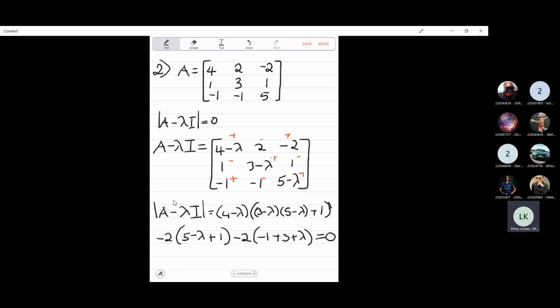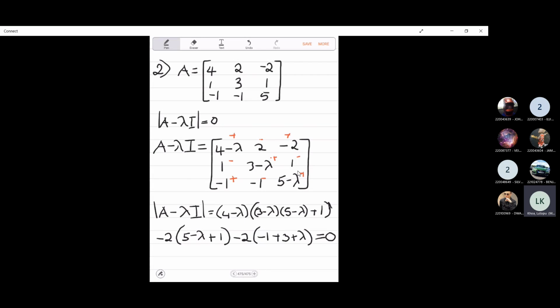Now we have an equation that we can solve for lambda. You can multiply out your brackets and simplify however you do it. The way you actually solve it is really up to you.